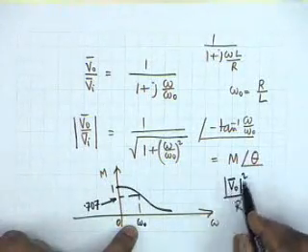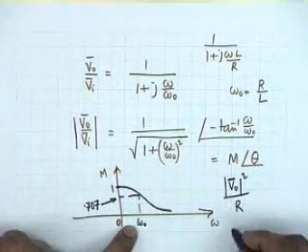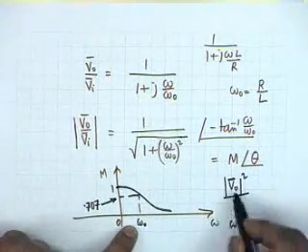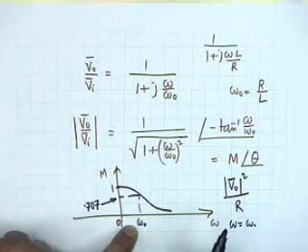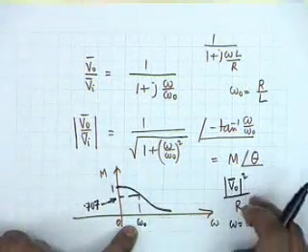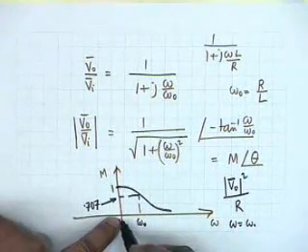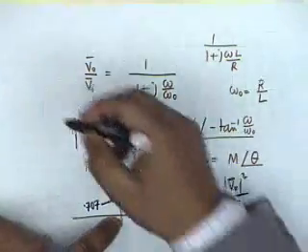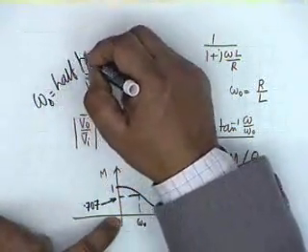Now, this was equal to input voltage at omega equal to 0. At omega equal to omega 0, the voltage magnitude has fallen by 1 by root 2. So, the power now has become half of the power at DC, and therefore omega 0 is given the name of half power frequency.